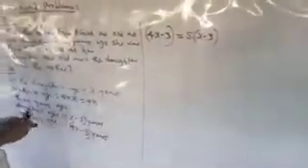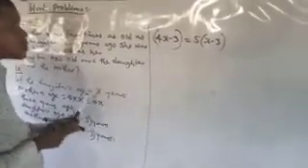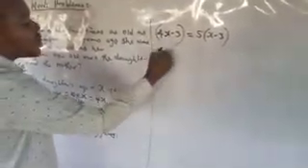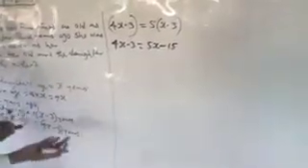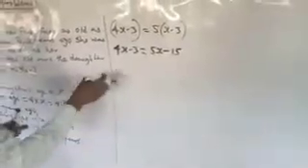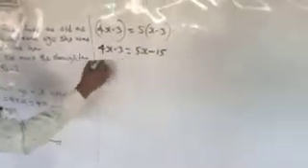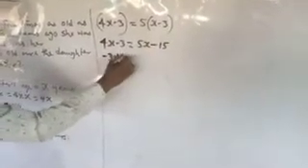So from here, let us open our brackets and see what we are going to get. We have 4x minus 3 is equal to 5 times x, which is 5x, and 5 times minus 3 is minus 15. So from here, we collect the like terms. You bring this one to this side. Minus 3 we retain. Then this minus 15 coming to this side becomes positive 15.